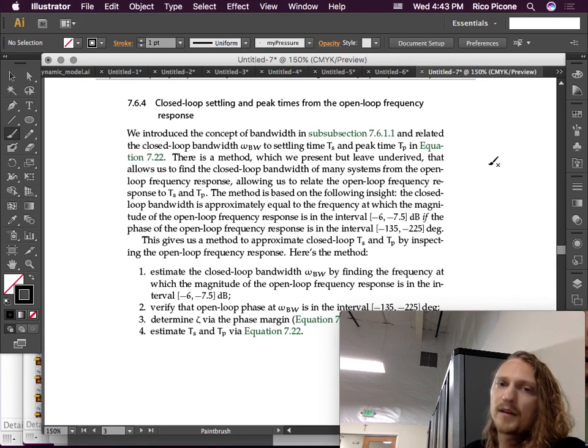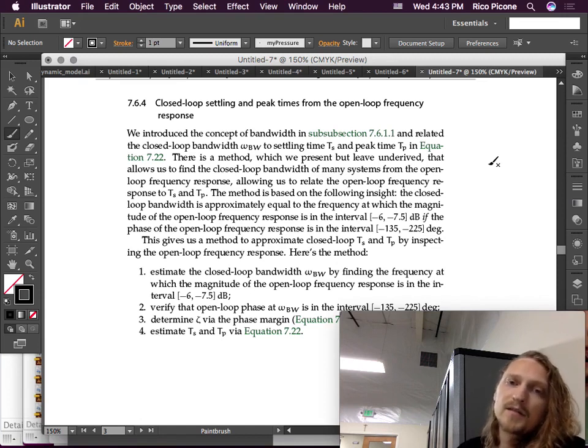There is a method, which we present but leave underived, that allows us to find the closed loop bandwidth of many systems from the open loop frequency response, allowing us to relate the open loop frequency response to the closed loop TS and TP.